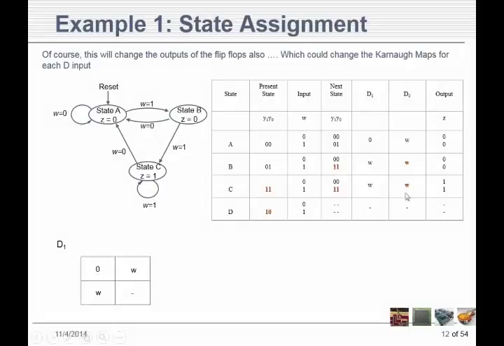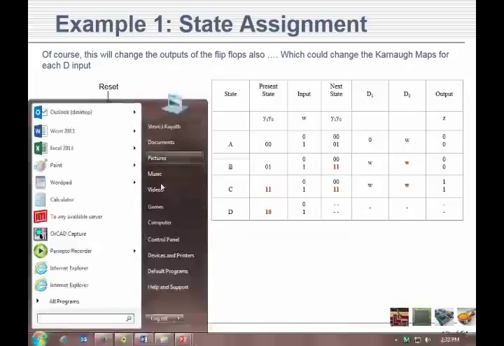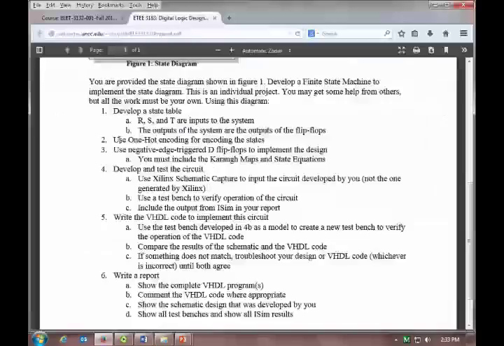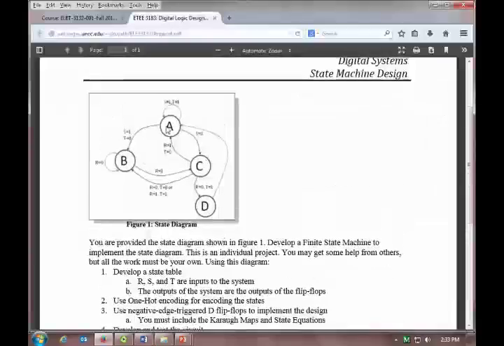Okay. Here, I showed the Karnaugh maps. Again, this didn't have anything to do with having one hot encoding. That would make your project a whole lot easier if this wasn't one hot encoding, because then you would only have 2 state variables for those 4.